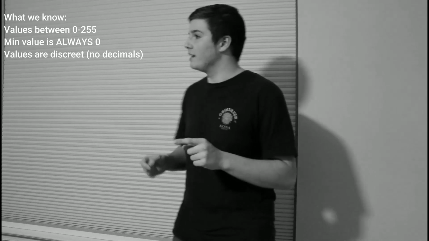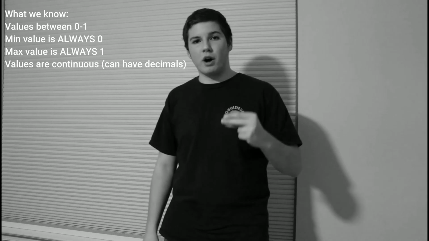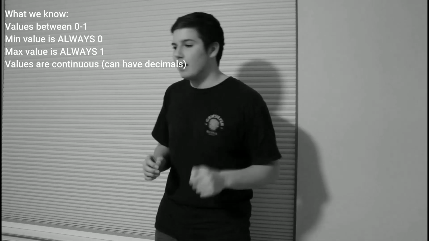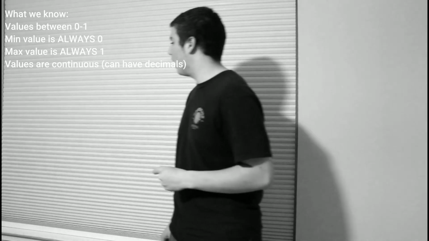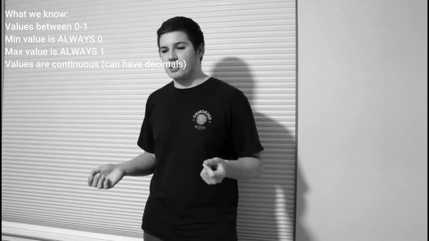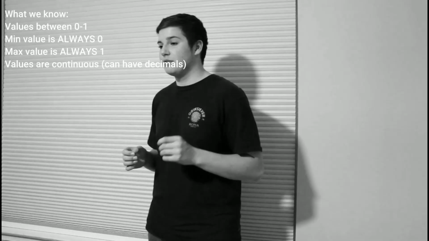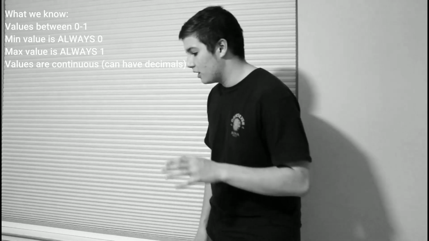Now what we know is that the minimum is 0 and the maximum is 1, meaning the darkest part of the image will be absolute black and the brightest part of the image will be absolute white. So we'll do that now. So now we have what's called a normalized set of data, something between 0 and 1. This is pretty standard in data science.